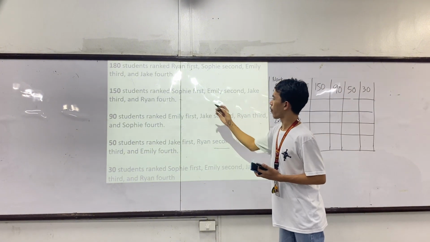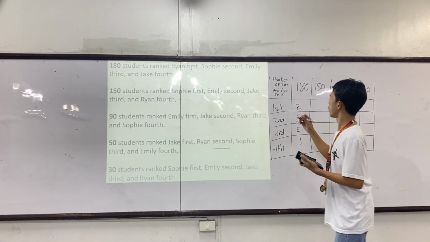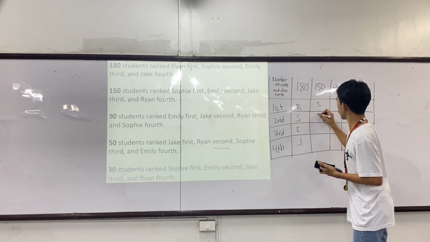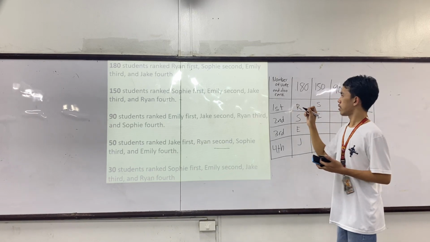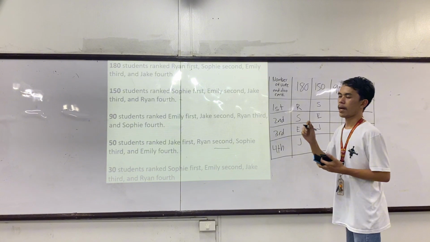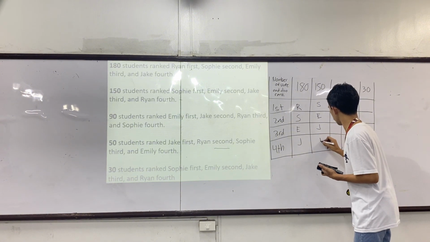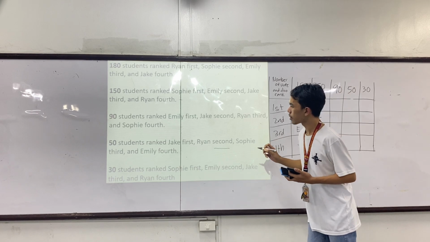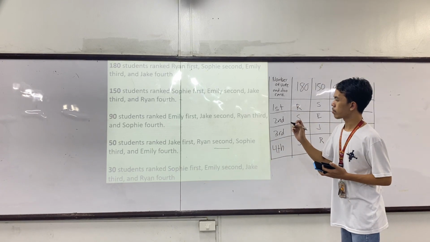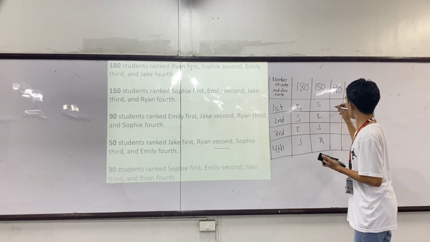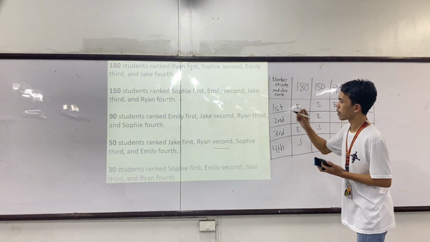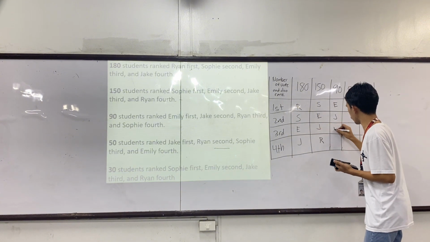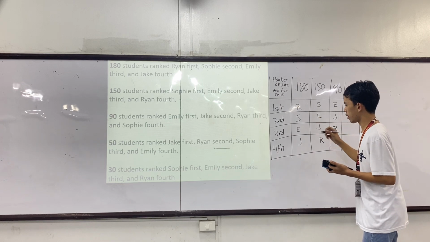In the second, 150 students voted for Sophie first, followed by Emily, Jake, and last, Ryan. Next, 90 students voted Emily first, second Jake, followed by Ryan, and last Sophie.